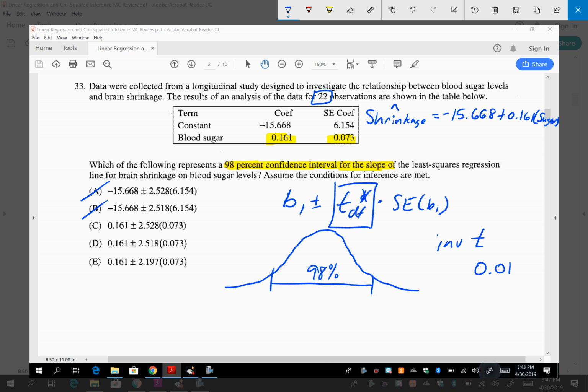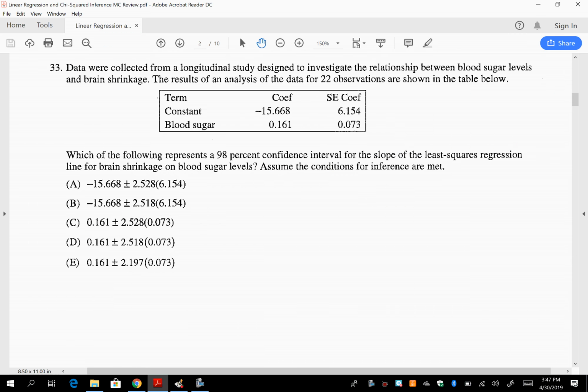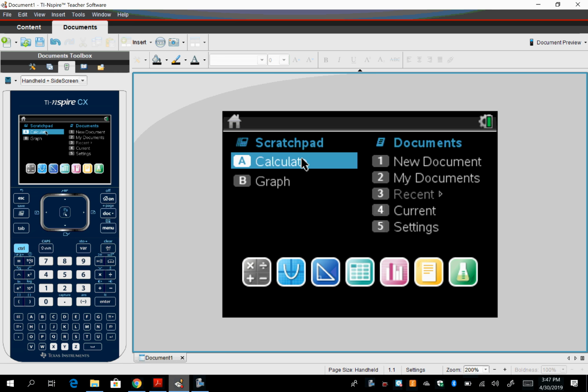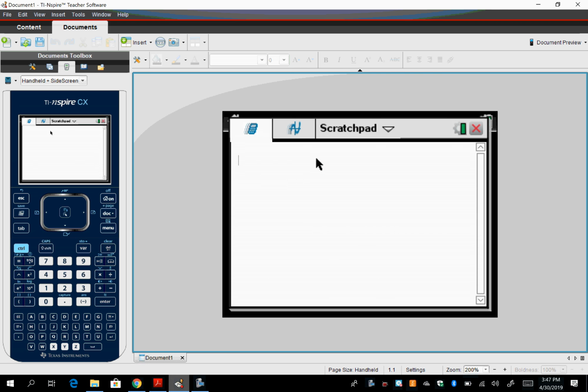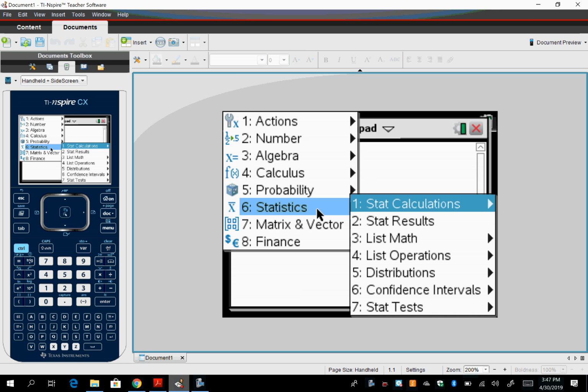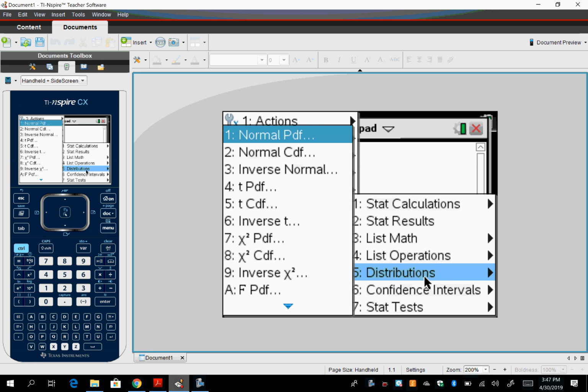Okay, are we ready to go to the calculator? All right, we're using degrees of freedom is 21. So on the calculator, you just do a calculate page, just letter A. Menu, Stats, Distributions, Inverse T, which is number 6.